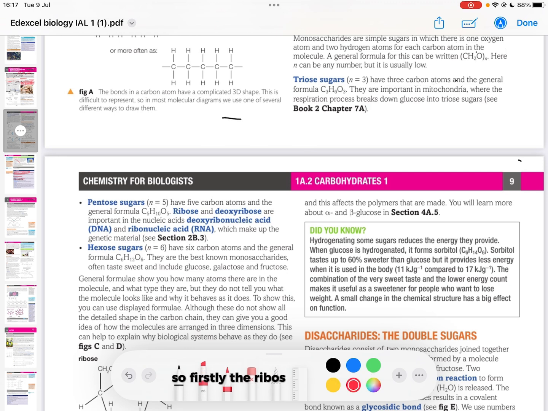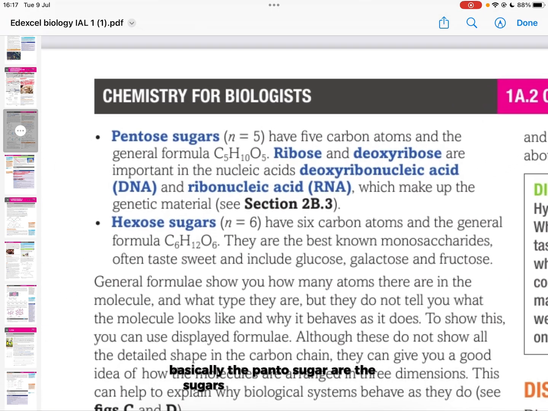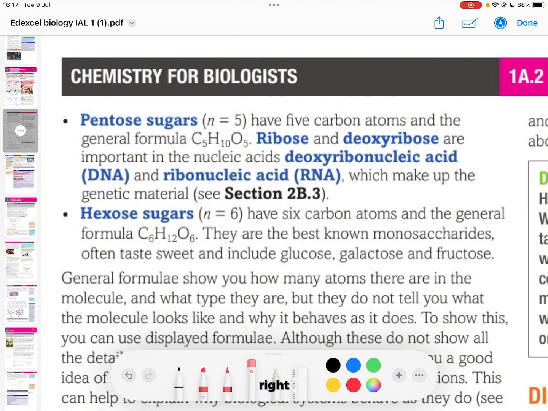Now let's complete talking about other stuff. Firstly, the ribose and the deoxyribose. Both of them are very important in the nucleic acids: the deoxyribonucleic acid, DNA, and the ribonucleic acid, which is the RNA, which make up the genetic material. Again, basically the pentose sugars are the sugars that have 5 carbon atoms, right?